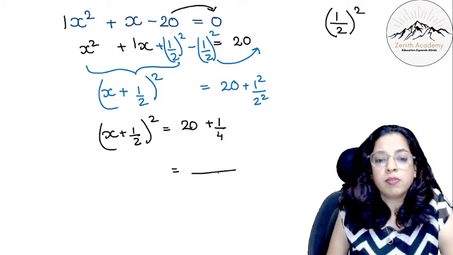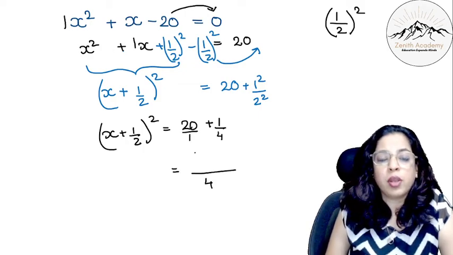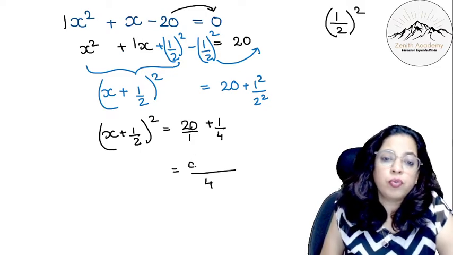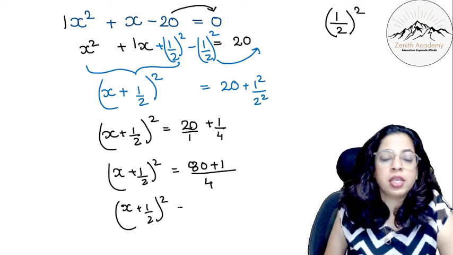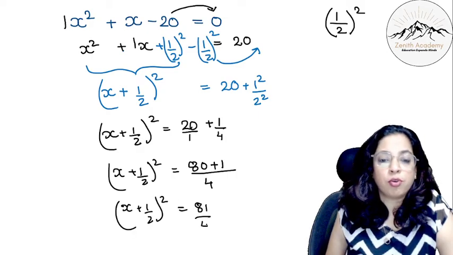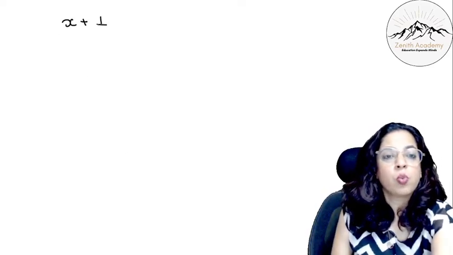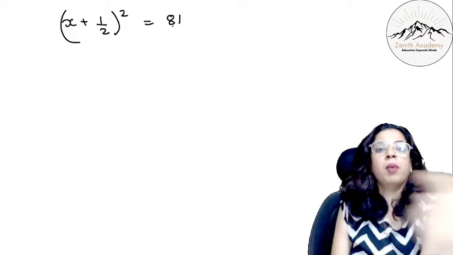So if you solve this, if 4 is the LCM, if you take 1 here, so 20 into 4 is 80 and then 80 plus 1. So x plus 1 by 2 whole square is equal to 81 by 4. I will write it on the next page. X plus 1 by 2 whole square is equal to 81 by 4.